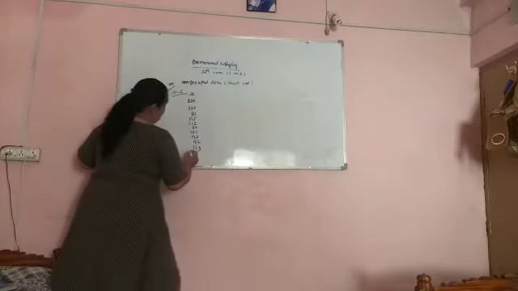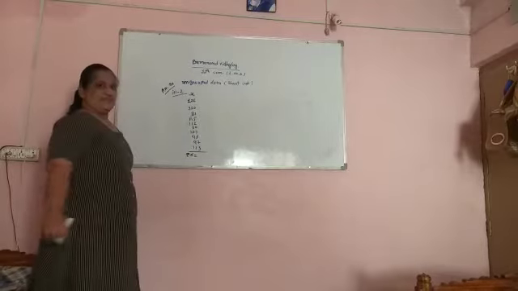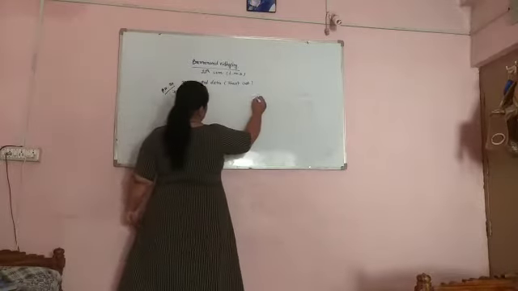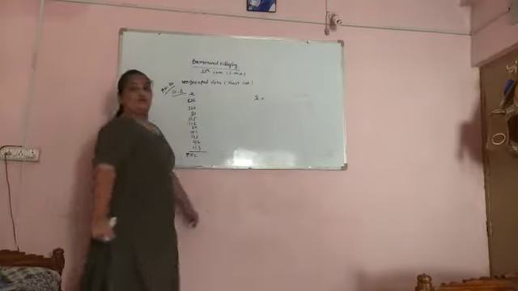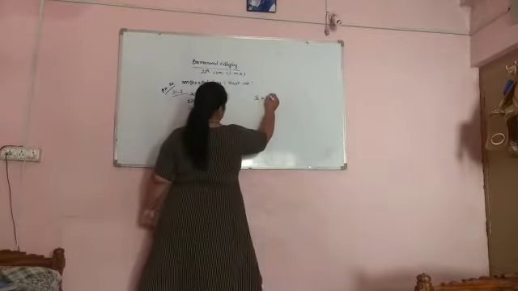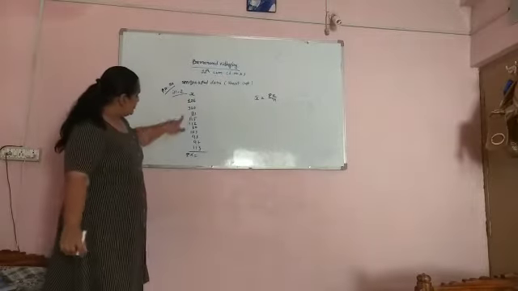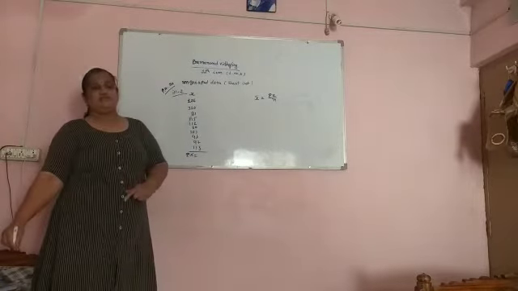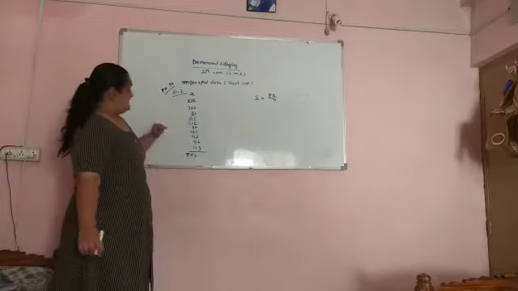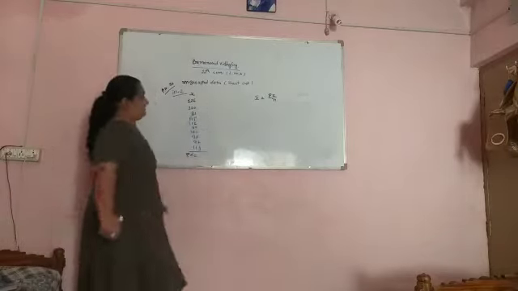The same method is: the total of the numbers is called sigma x, and then you put it in the formula for the mean, x bar is equal to sigma x upon n. You can also do the same method, but in this situation we also take the shortcut method.